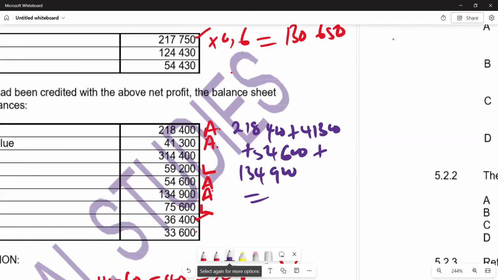We are getting a total of 449,200. So this is our total assets.